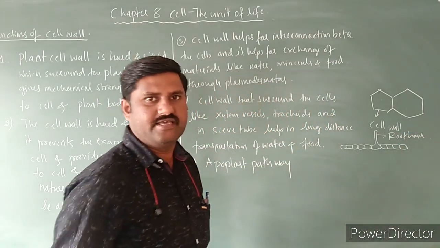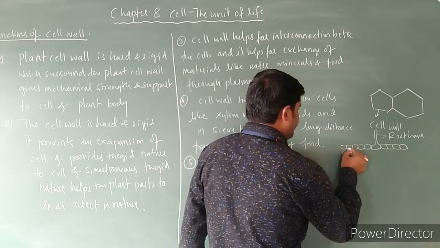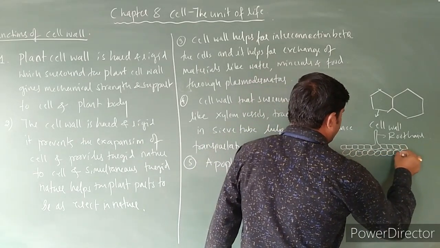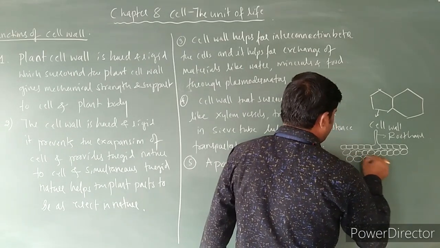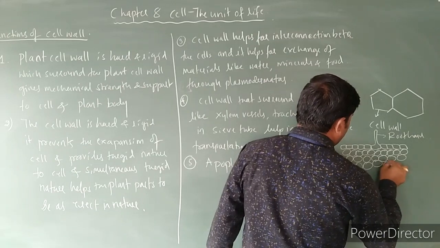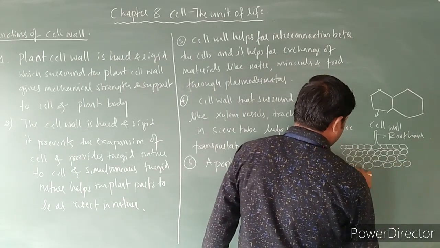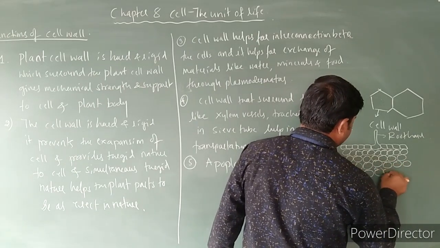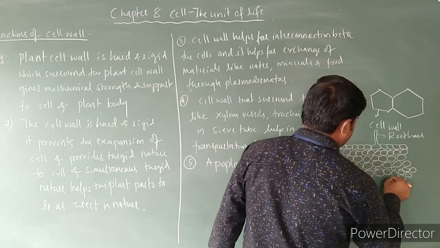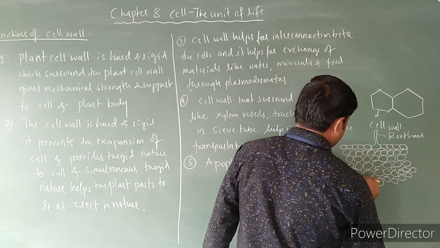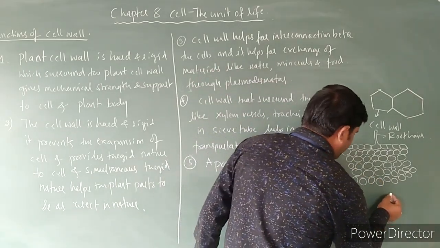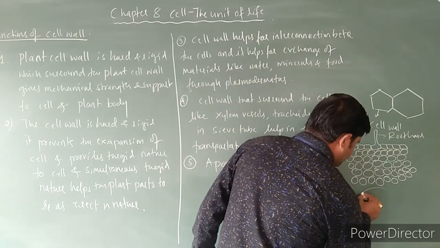You know this diagram. And below this one you will find the cortex part, that is mainly consisting of the parenchymal cells. See here, this is all parenchymal cells, right? And below this one, endodermis you will come across.